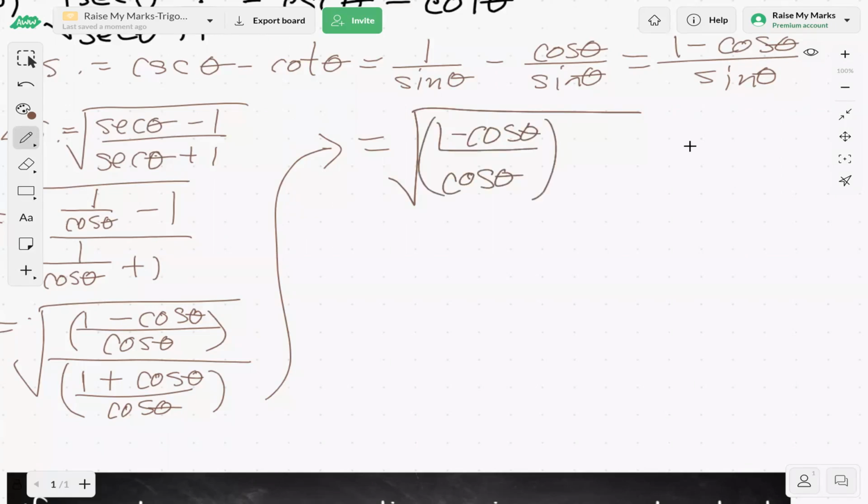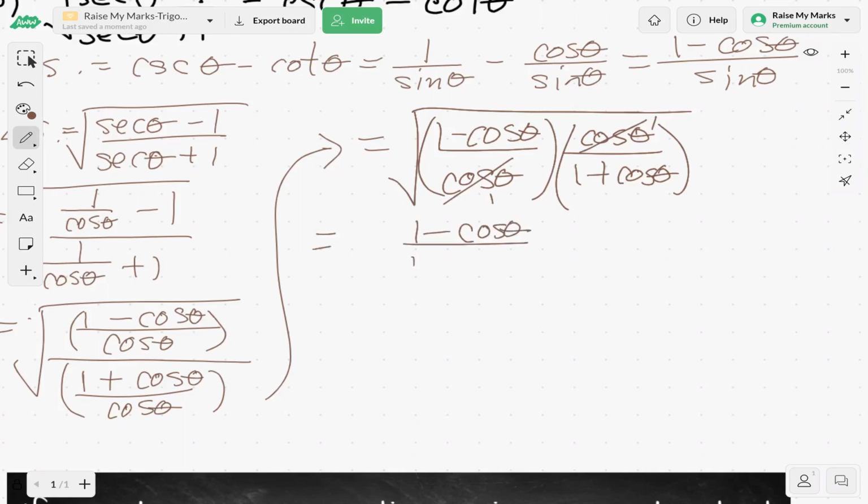We're going to multiply by the reciprocal of the denominator, and this allows us to cancel out the two cos thetas. And what do we have? We have 1 minus cos theta over 1 plus cos theta, and we're going to take the square root of that.